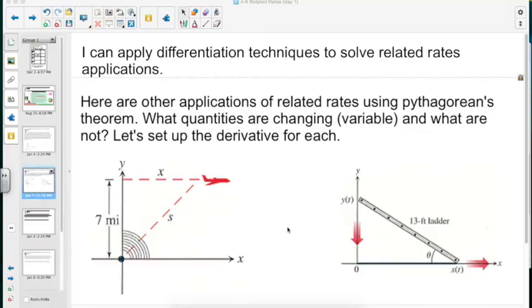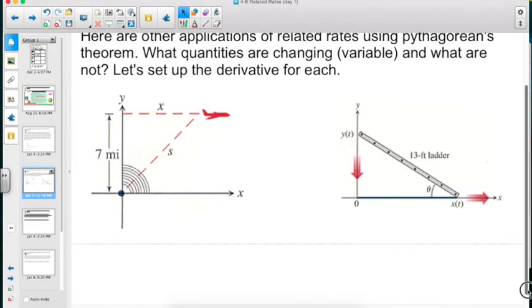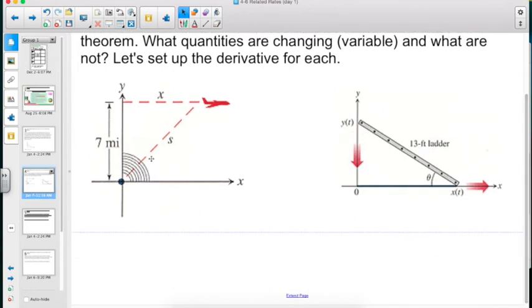Okay. Here are two other applications of Pythagorean's theorem where taking the derivative is a little more simple. If we look at this scenario here, we've got an airplane flying at a constant altitude. Let's just call this variable A. So A is always going to be 7 miles.